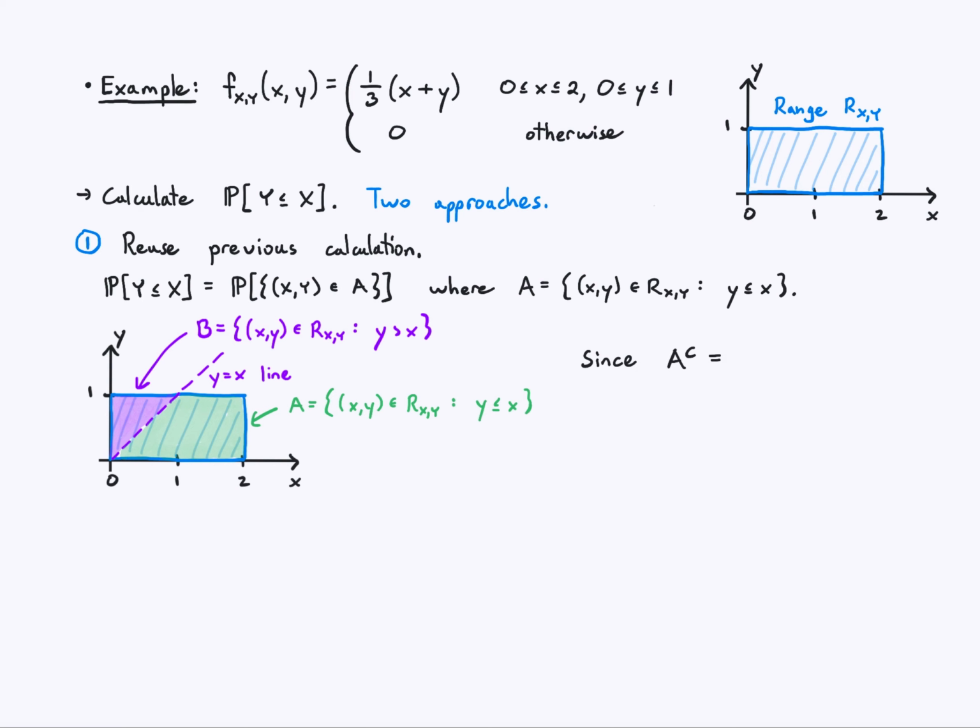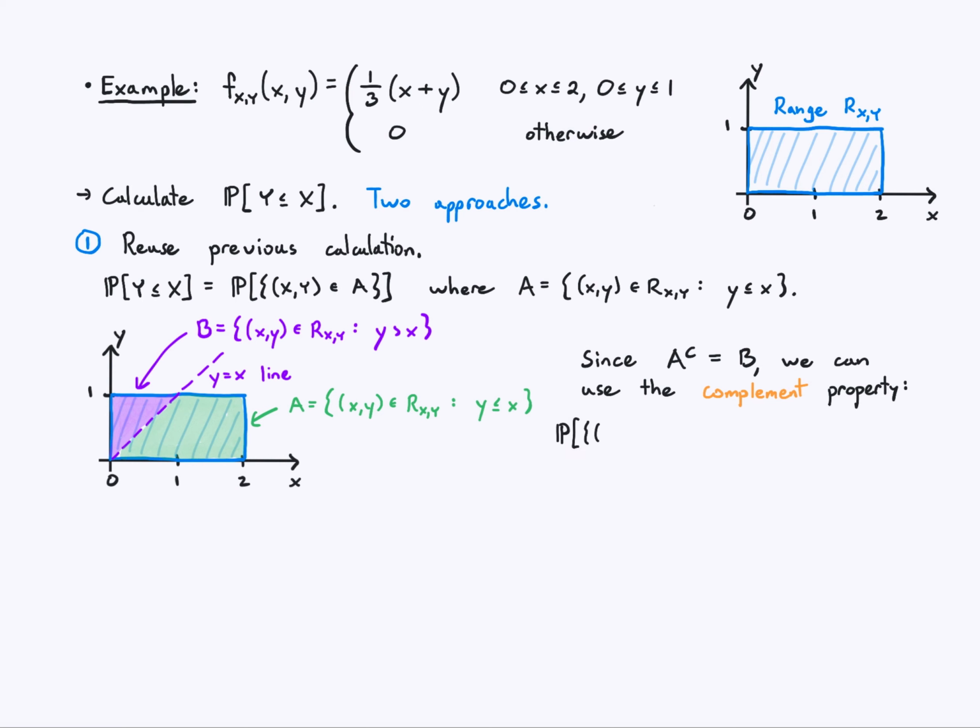Okay, so now we can just use the complement property because A complement is equal to B. And so I can just say that the probability that y is less than or equal to x is just 1 minus the probability that y is greater than x.